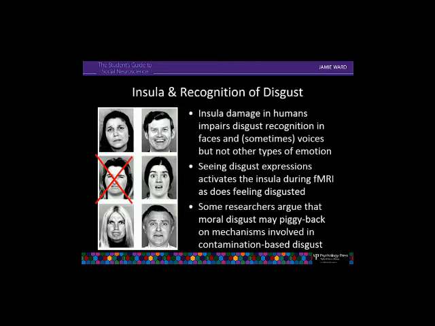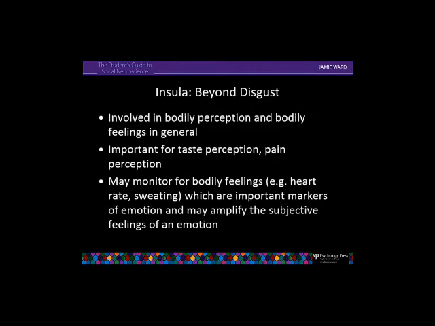But the insula is involved in various things. It's involved generally in bodily perception and bodily feeling, in taste perception, and also in pain perception. This becomes important when we look at other lectures involved in empathy. Seeing another person in pain will activate your insula, for instance, and what that might mean.